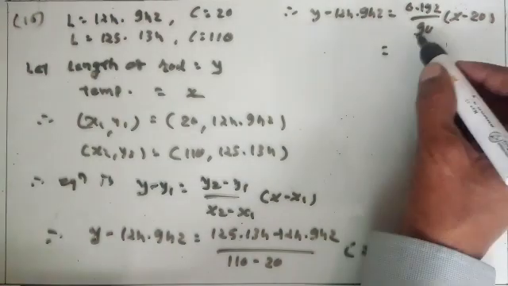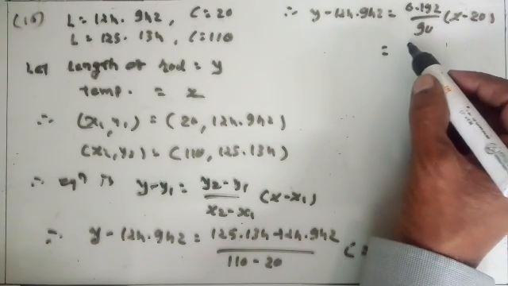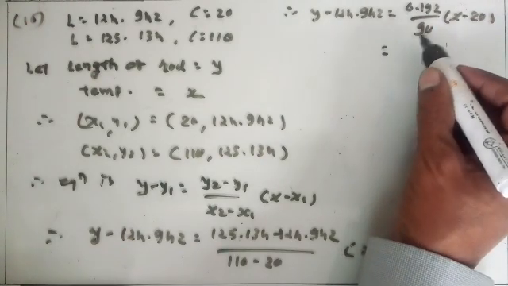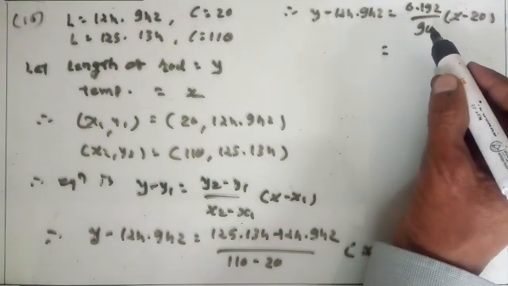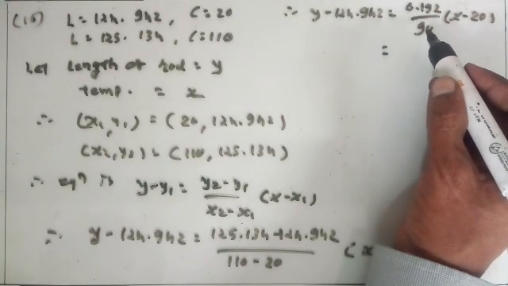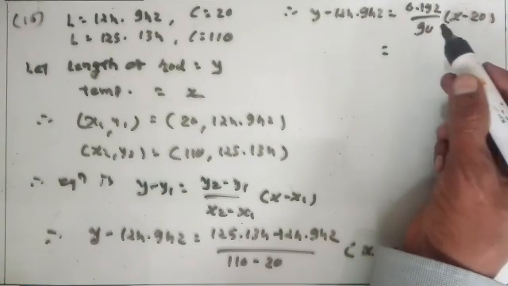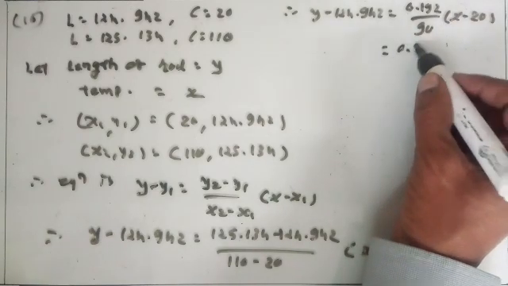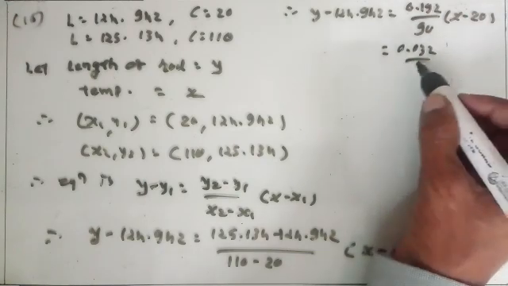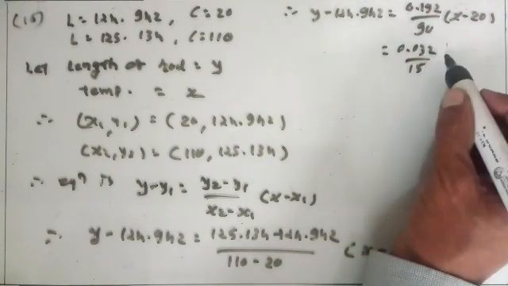So is equal to, simplify this, we get, dividing by 15 to both, 6 to both. Here we get 0.032 upon 15. 6 as a 90, that is 15.